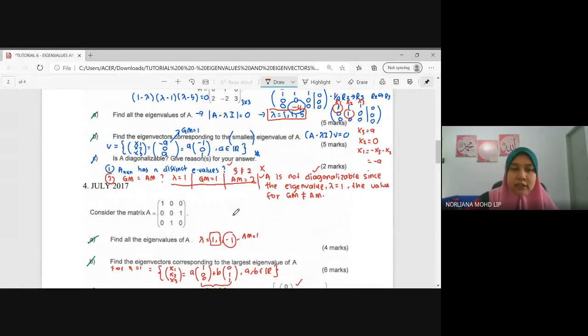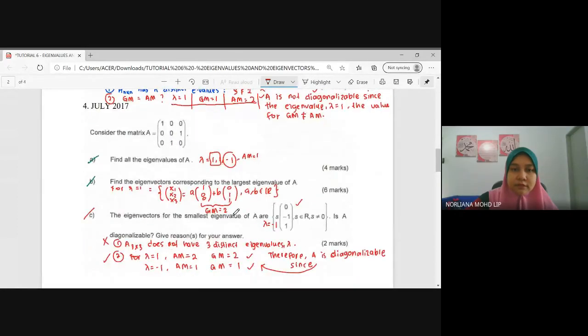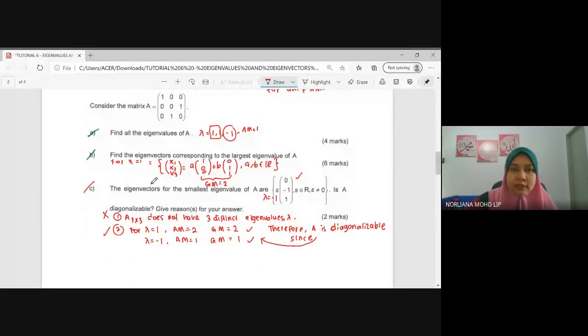Tengok yang lain yang ni. Yang ni pun sama kan. C ni, the eigenvector for smallest eigenvalue of A is this one. Okay, diberi the eigenvalues yang dah cari tadi 1, 1 and negative 1.